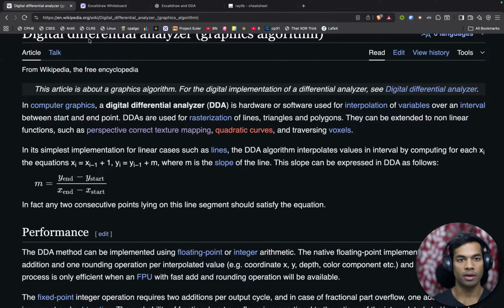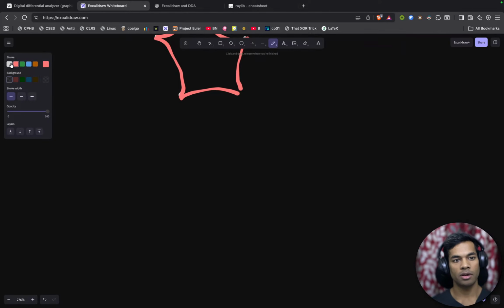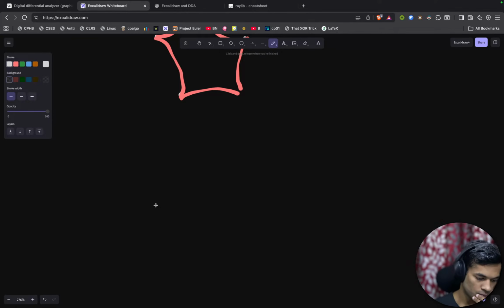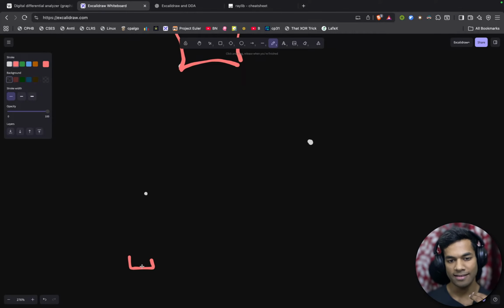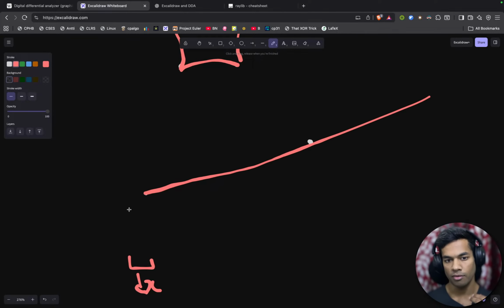Okay, so they are saying since we know the starting point and the ending point, we can choose a little distance, let's call it dx, and using the starting and ending points, we can get the slope of the line which is passing through them. Okay, cool.